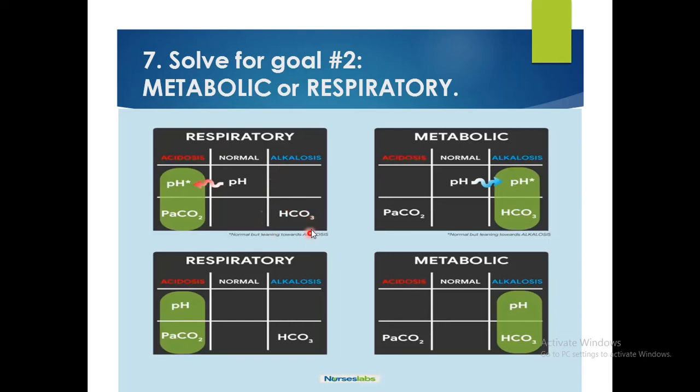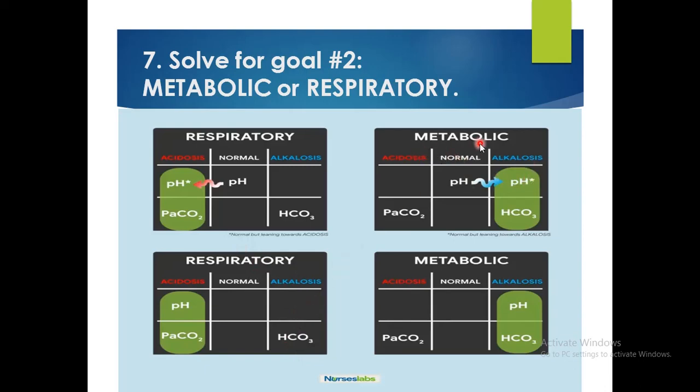There will be compensatory mechanism of bicarbonate towards the alkalosis side. However, if the pH would be towards alkalosis side and carbon dioxide concentration would be towards the alkalosis side and the bicarbonate would be towards the acidosis side, then this will be respiratory alkalosis.